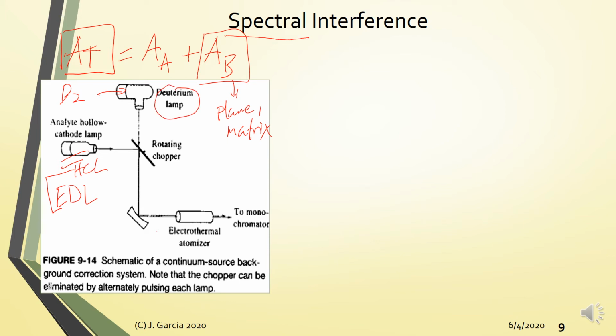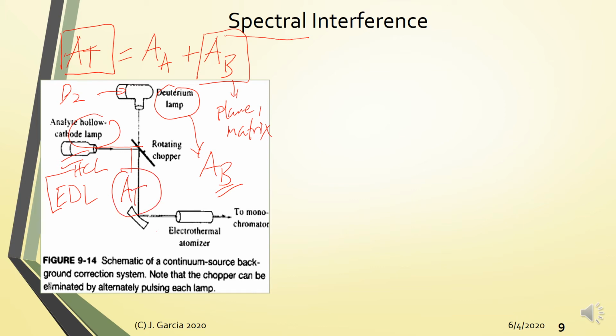Now, the purpose of your deuterium lamp is to measure the absorbance of your molecular species, hence you are measuring the absorbance of the background. Whereas the absorbance computed from the hollow cathode lamp measures the total absorbance.